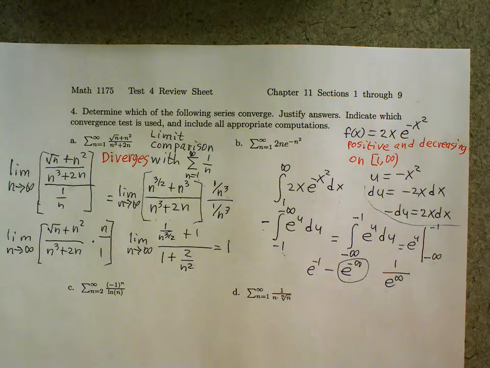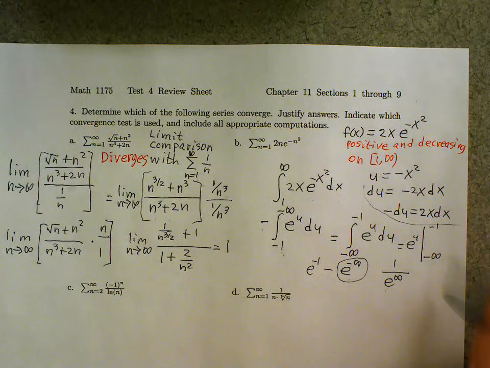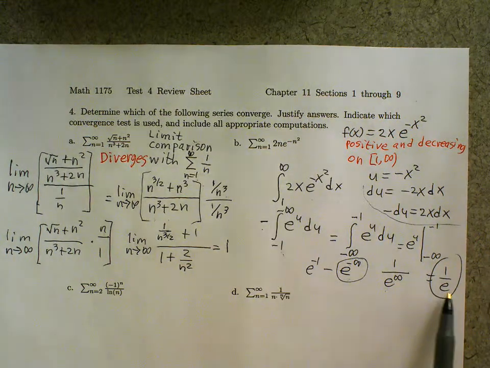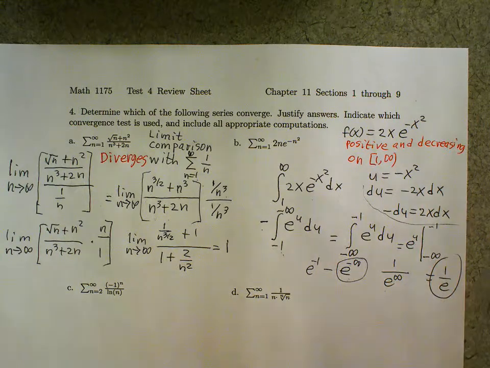That's the point. So the limit does exist. The value of the improper integral is 1 over e. So in other words, the improper integral converges to the finite number 1 over e. So that means that series also converges.